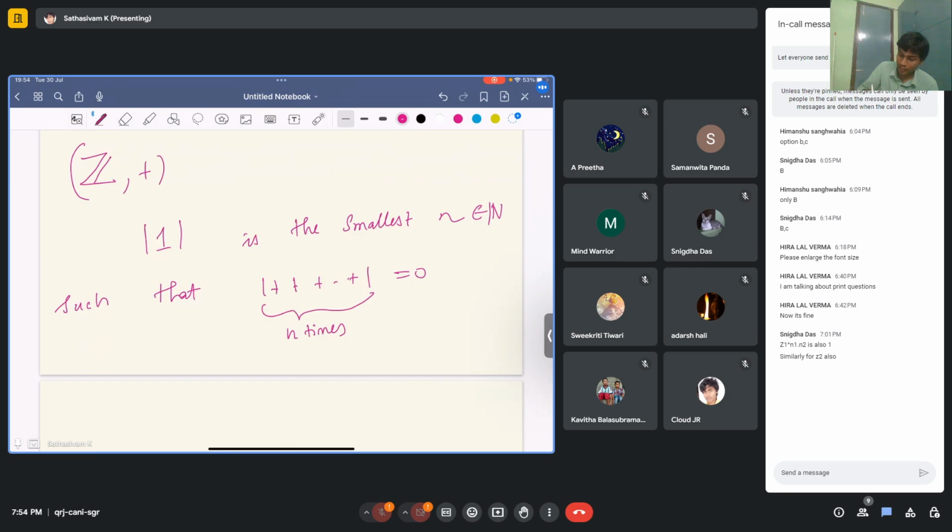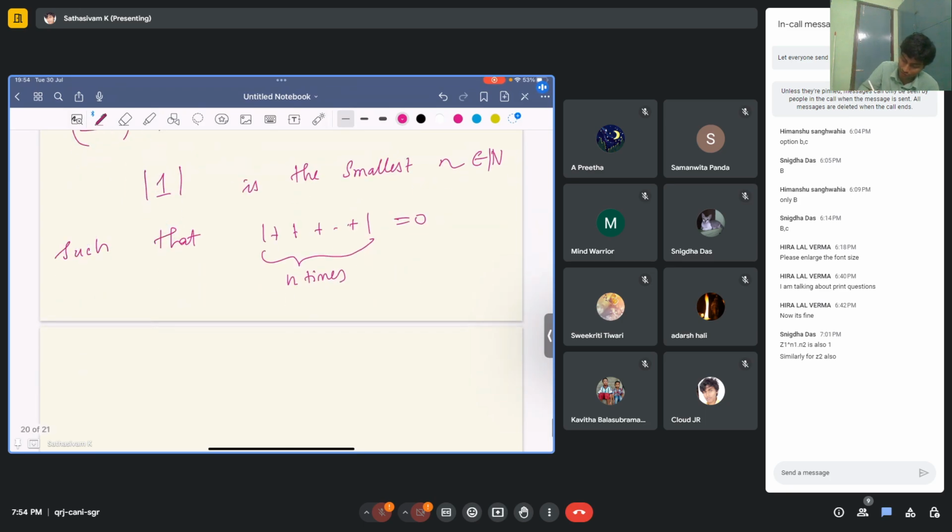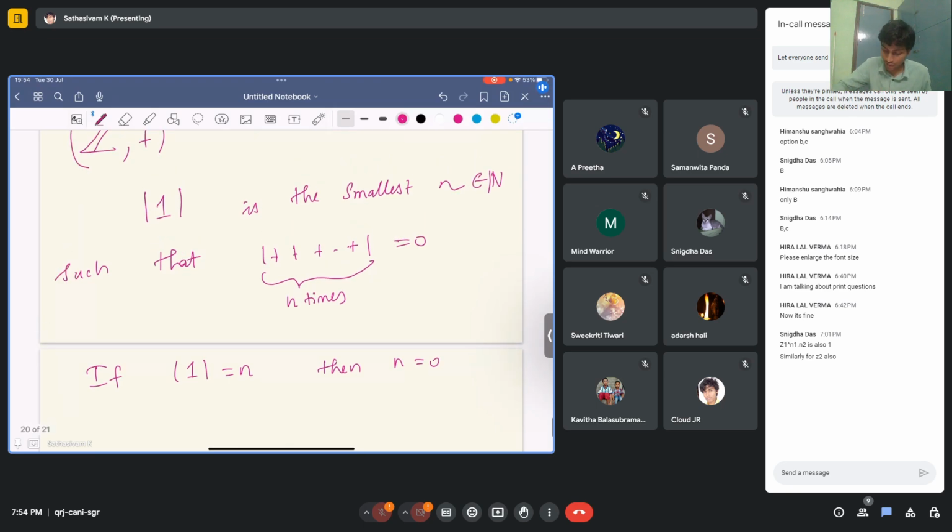If such an n exists, that means n equals 0, right? If the order of 1 is n, then n is equal to 0, because 1 plus 1 plus 1 n times is just n. And in the natural numbers none of the elements are 0, so the order actually does not exist.